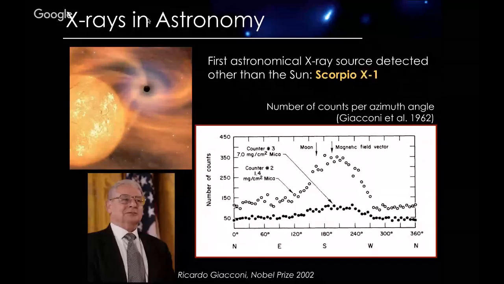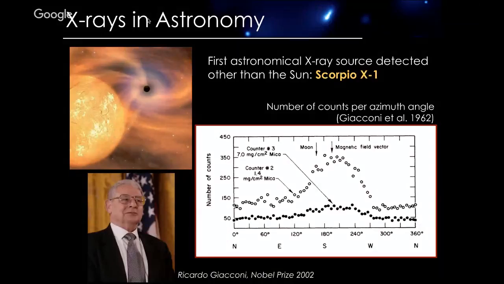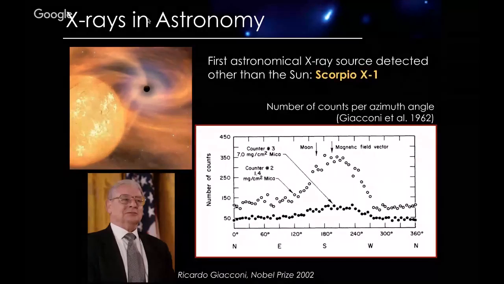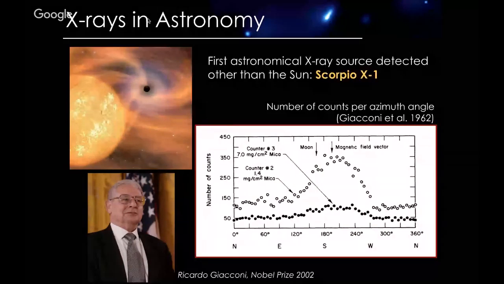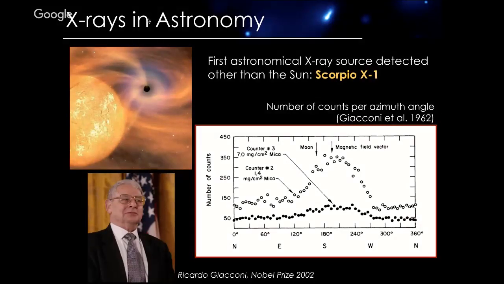So when they were expecting the sun to be brighter, they found a source much brighter towards the Scorpius constellation, so they called this source Scorpius X-1. Obviously, once again, X because they didn't know what it was when detected, and it's the first X-ray source other than the sun discovered.